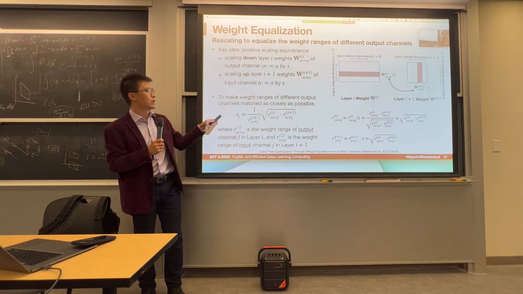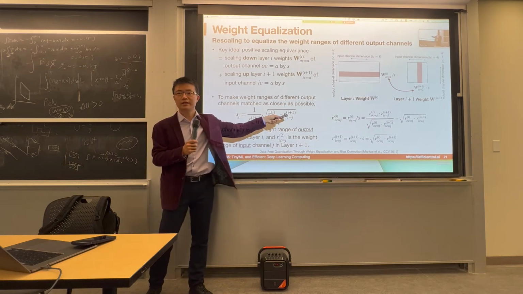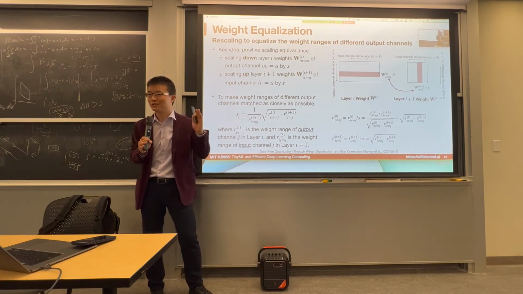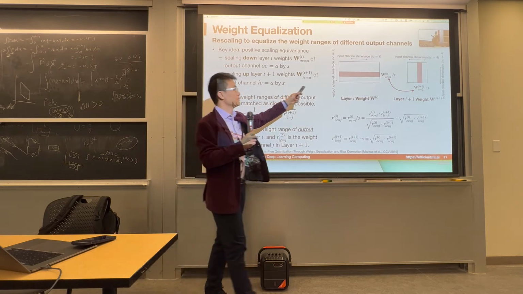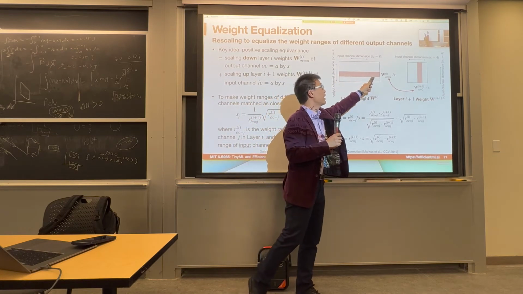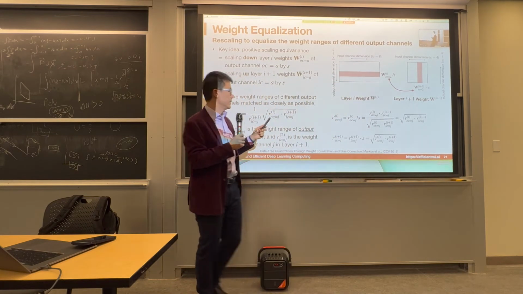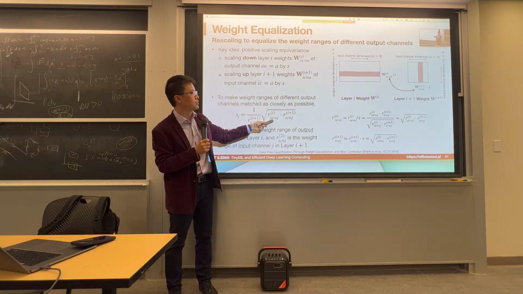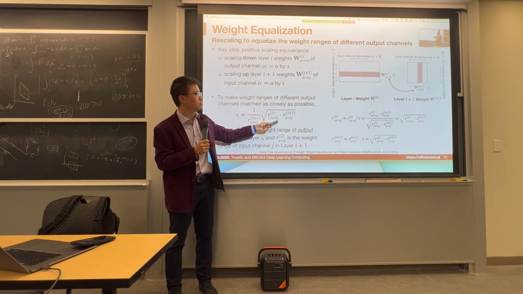So I define the scaling factor like this. It looks complicated, but actually it's quite simple. I just have a scaling factor for the ith layer corresponding to the output dimension, output channel equal to j.